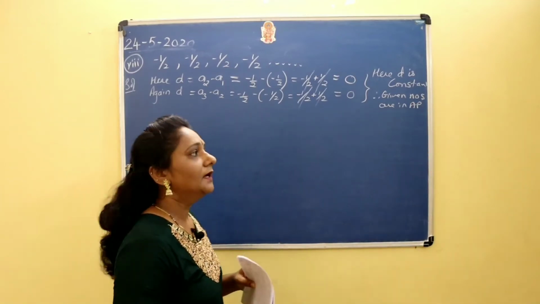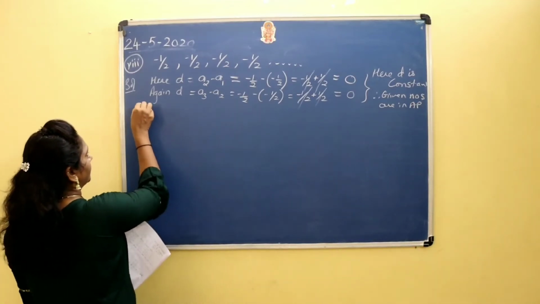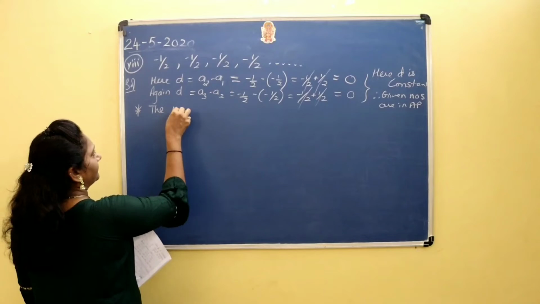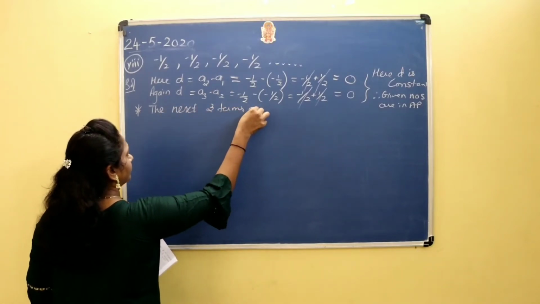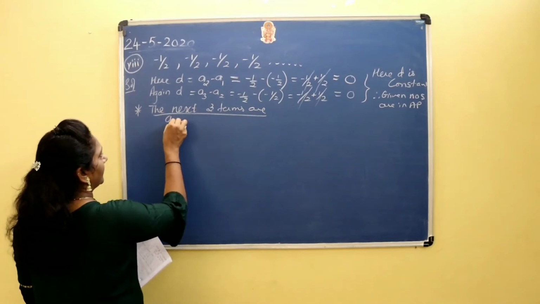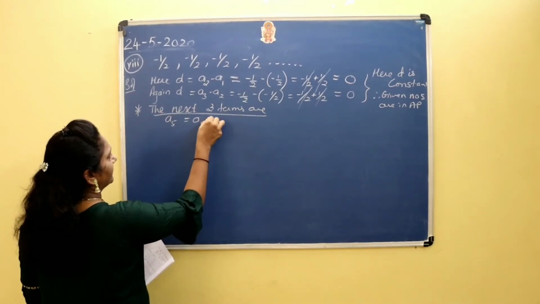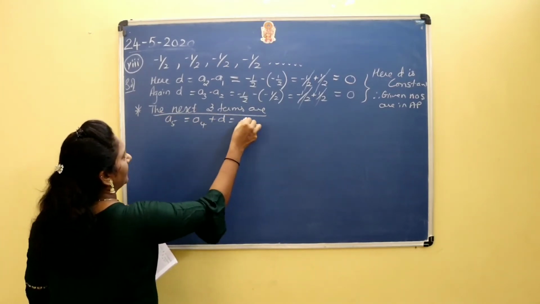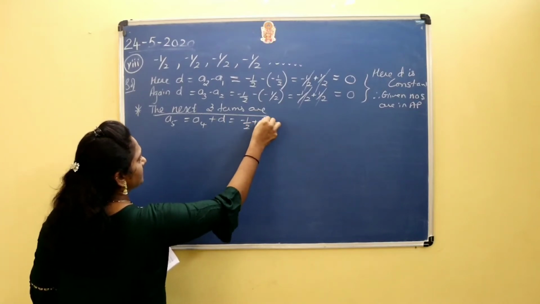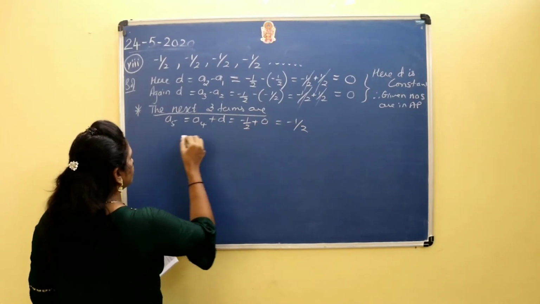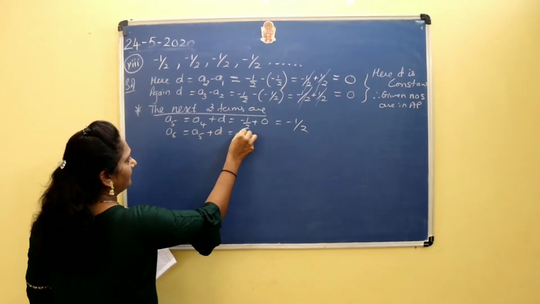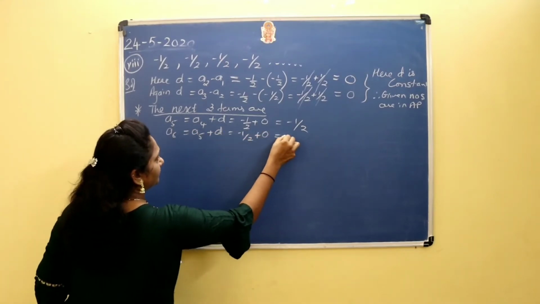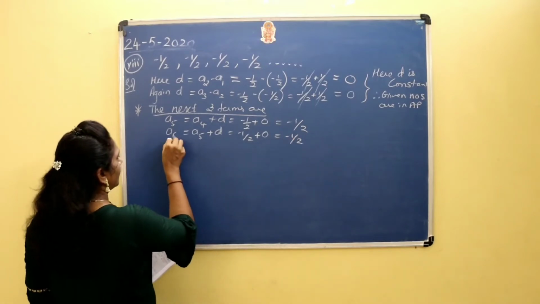If they are in AP, then we have to find the next three terms. The next three terms are: A5 equal to A4 plus D, minus 1 by 2 plus 0, minus 1 by 2. A6 is A5 plus D, minus 1 by 2 plus 0 is minus 1 by 2.